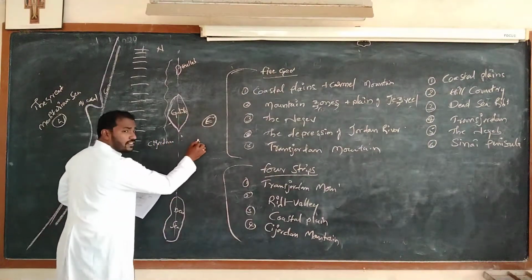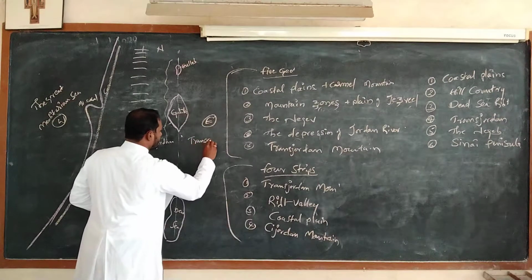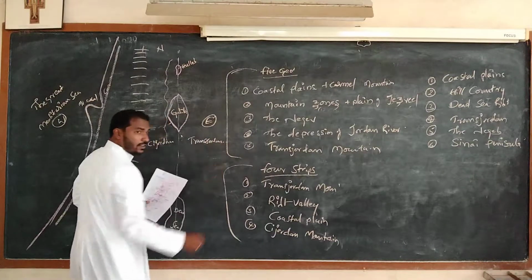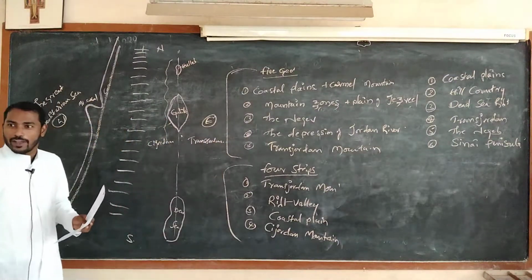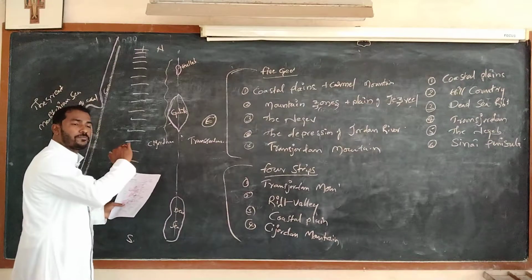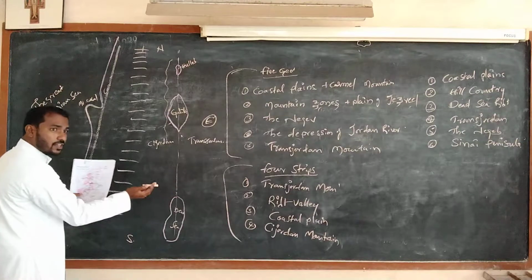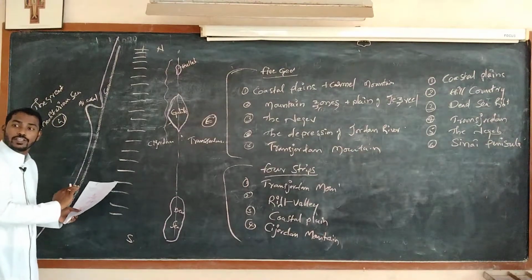This is called Transjordan. So when you read in the books, you should be aware: Transjordan means the area of the east, and the west is called Sea Jordan.